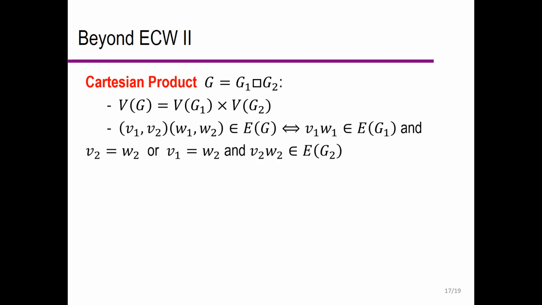We also use some constructions to produce plane exponential classes of graphs. For instance, if we look at Cartesian products of graphs: the Cartesian product of graphs G1, G2 is a graph whose vertex set is just the Cartesian product of the vertex sets of the two graphs, and an edge is there if either the first components form an edge in G1 and the second components are equal, or the other way around.